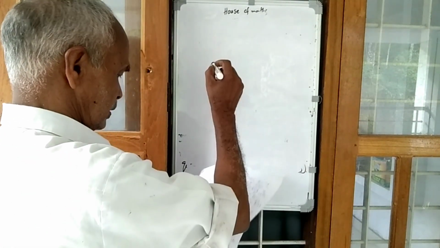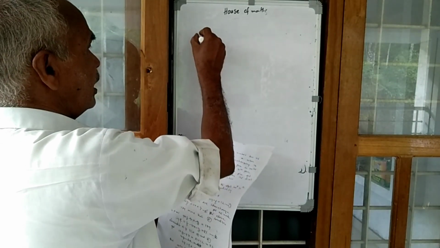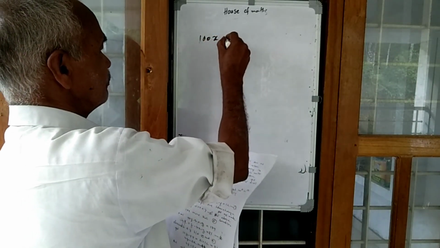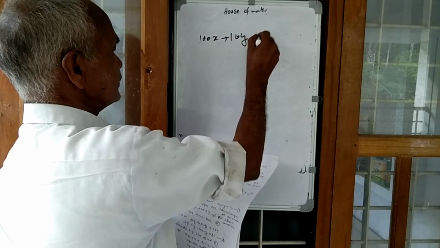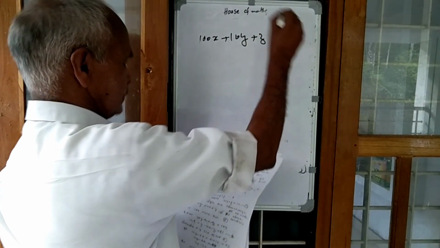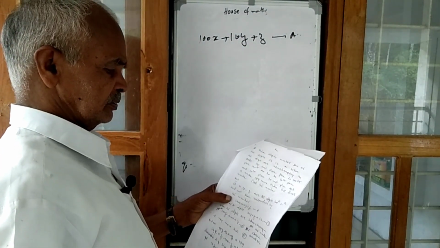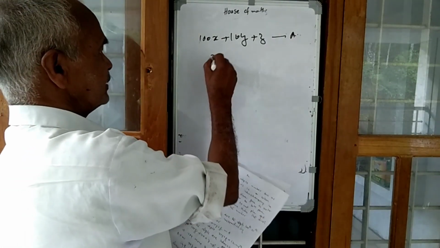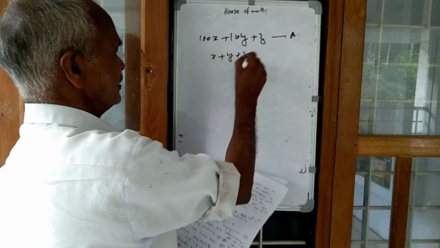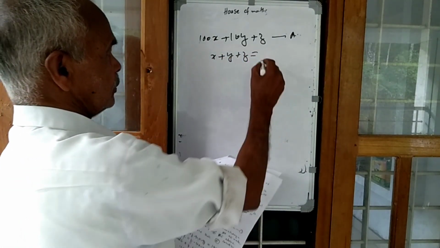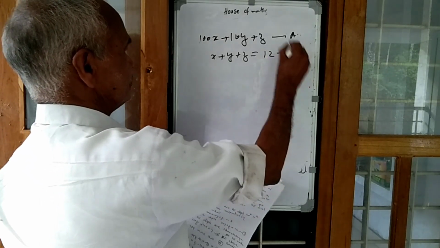Therefore, the number is 100x plus 10y plus z, expression A. And the sum of the digits is given, that is x plus y plus z equal to 12, equation number 1.